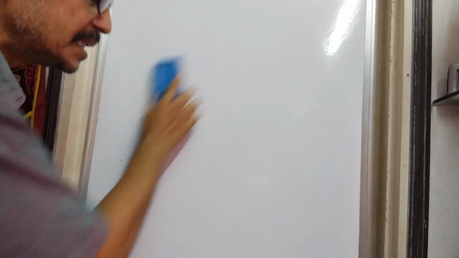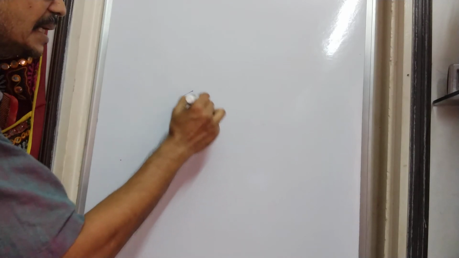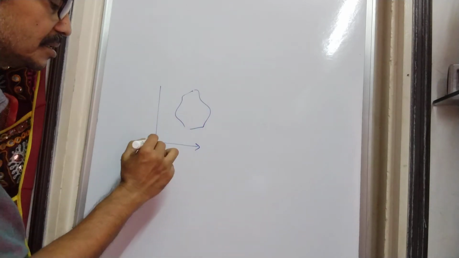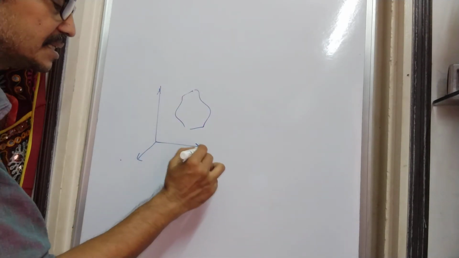Just think of the previous picture, what we have drawn. You can easily remember that we have a body here and we have a frame fixed here, isn't it so?